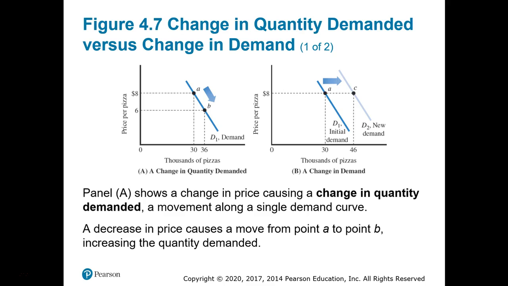So let's say we're looking at B, a change in demand. I'm originally at 8, which is at the letter A. That's my initial demand. What's going to make me go from A to C, going from I want 30,000 pizzas to 46,000 pizzas at $8 each?